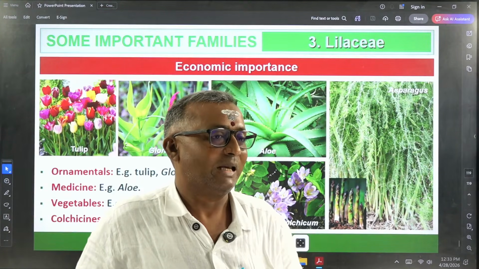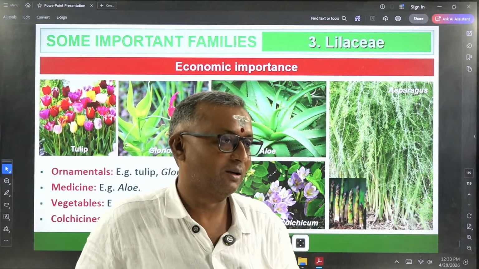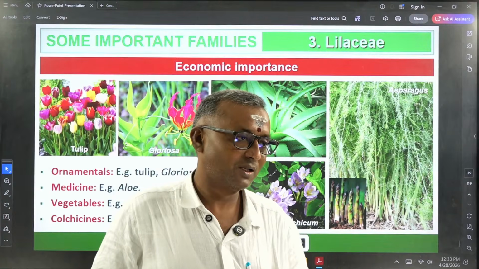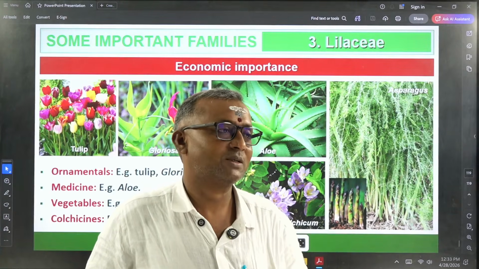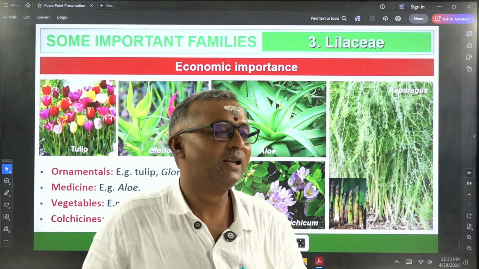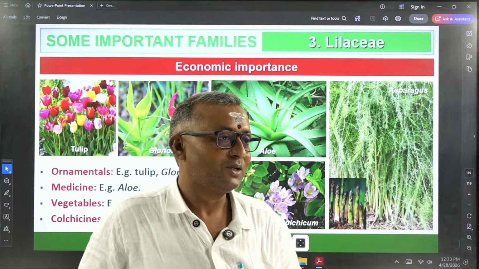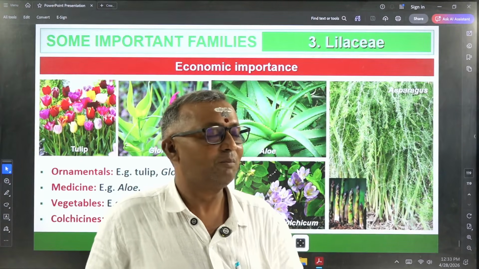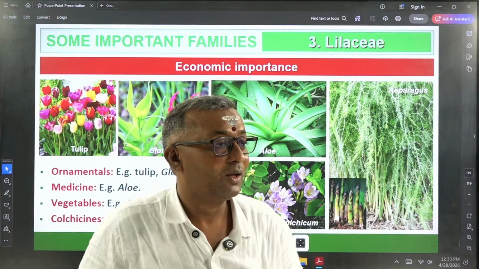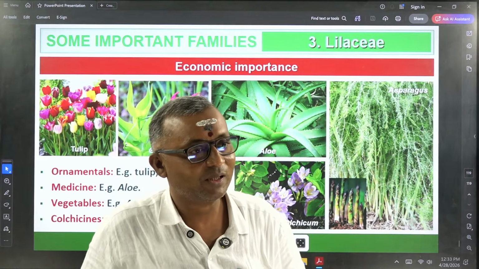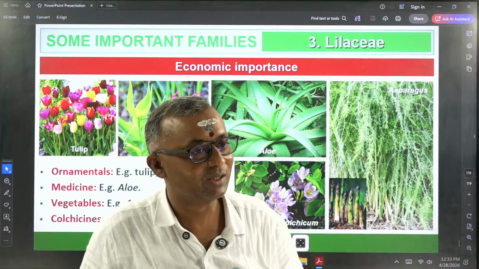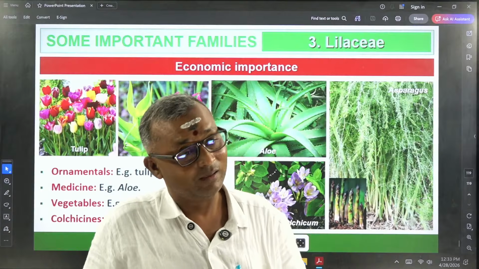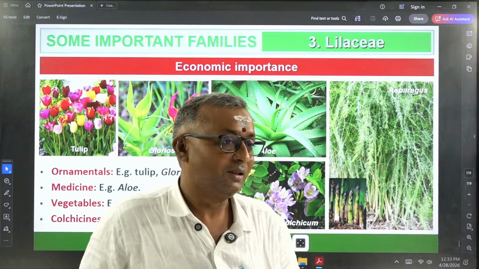If you express the name of a particular plant with its scientific name, it is easy for communication, because local names cause so much confusion. They differ from area to area. For example, chili is an English name, but in Hindi it is called mirchi and in Telugu it is called mirapa. So if you go to a remote village of Andhra Pradesh and ask about chili or mirchi, they cannot recognize it. But if you ask a literate person like a botanist, they may identify it.